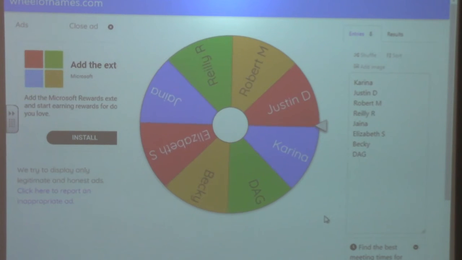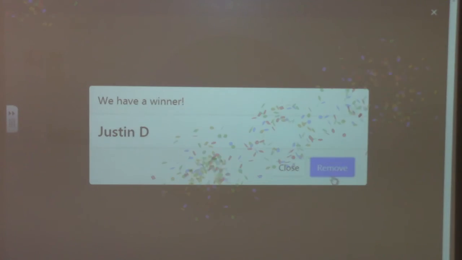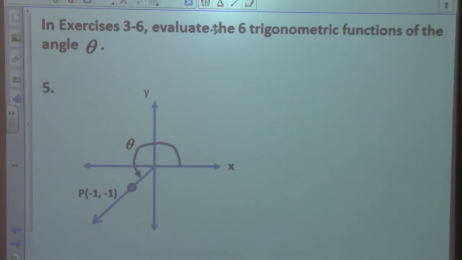Okay, Justin. Justin, you're the man. All right, Justin, how do you handle this one? So I looked at the wall, and this looks like a standard thing. So I got that going for me.